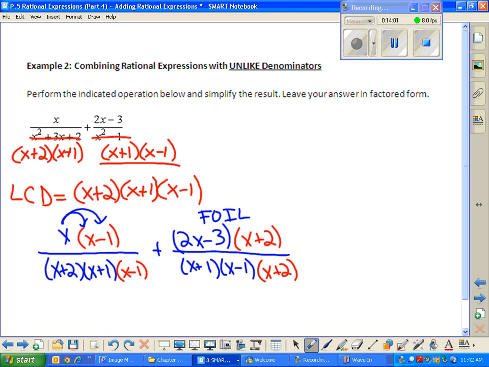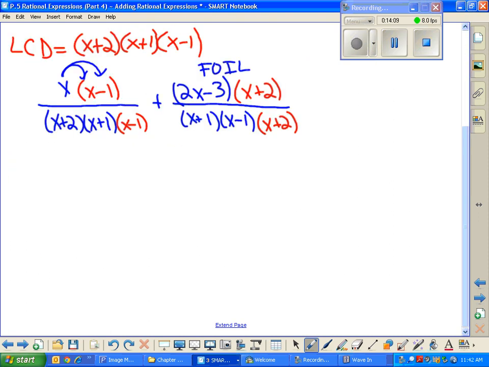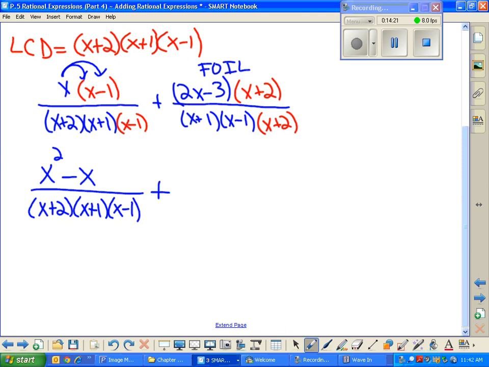That allows me to get individual little pieces that I can then sum together. I would distribute my x in, so that's going to give me x squared minus x. Bring down my plus. I'm going to FOIL that second numerator.